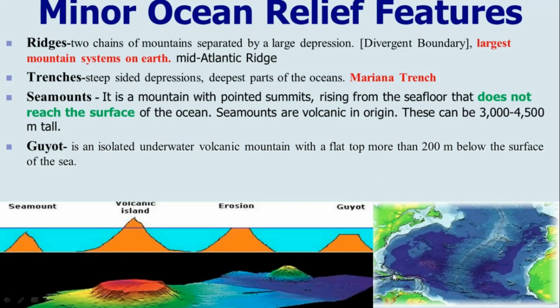Since it is going deep down inside the other plate, these are steep-sided depressions, and they are the deepest. They are V-shaped, the deepest part of the oceans, wherein one plate will subduct beneath the other.